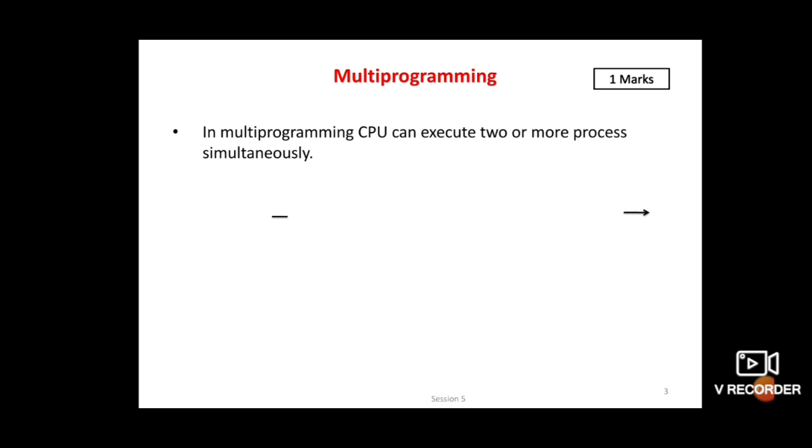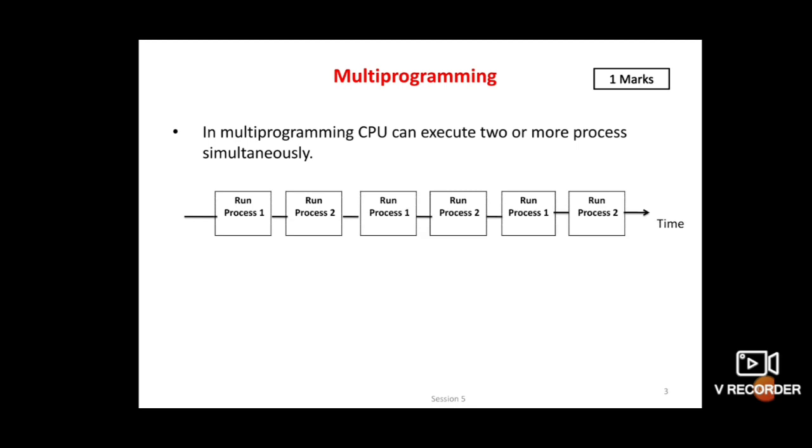The CPU works continuously, meaning it is utilized well by always having something for the CPU to execute. There are always some programs to be executed. That increases CPU utilization and multiple programs can run. This is known as multiprogramming.